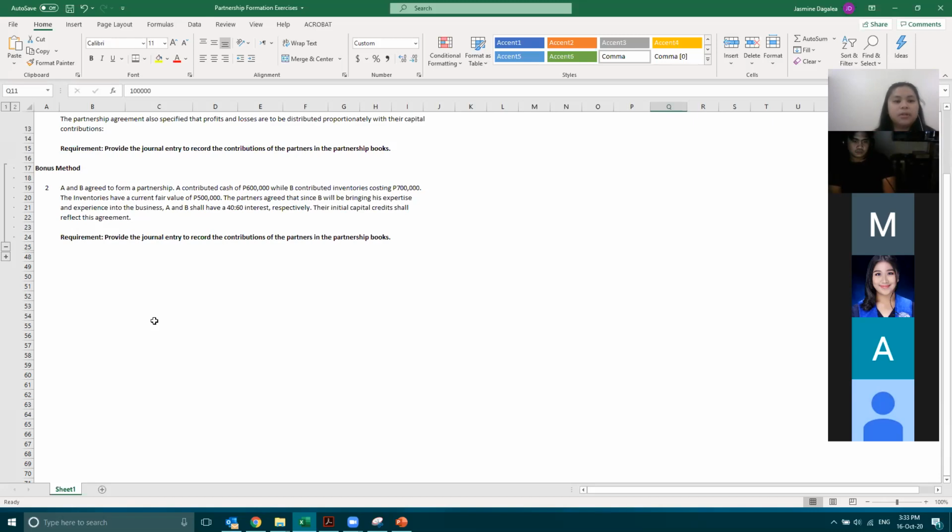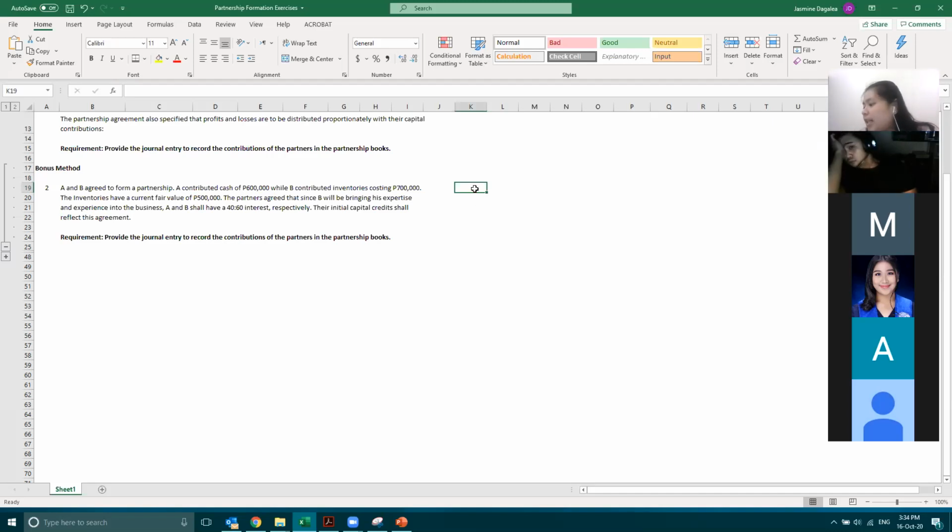So, how do we solve this? I-determine nyo muna kung magkano yung fair value of the contributions of each partners. Sino makabigay ng journal entry?